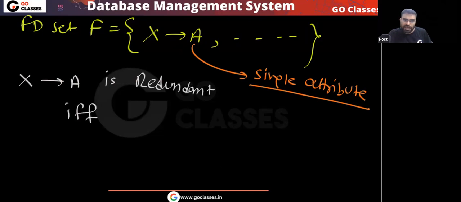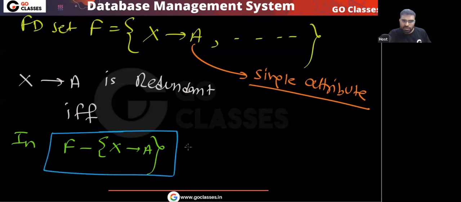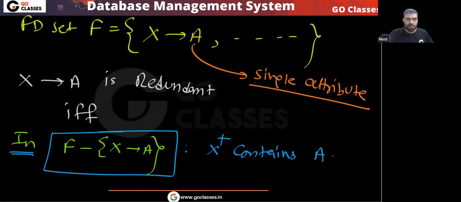If and only if, in F minus this FD, where you remove this FD, X plus contains A. Is this understood? Let me know.